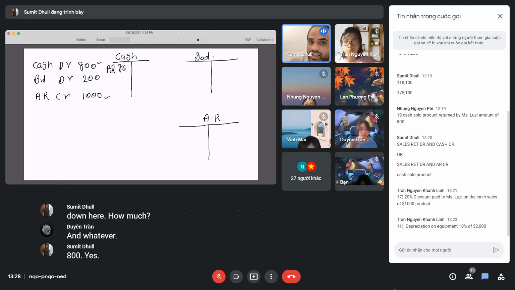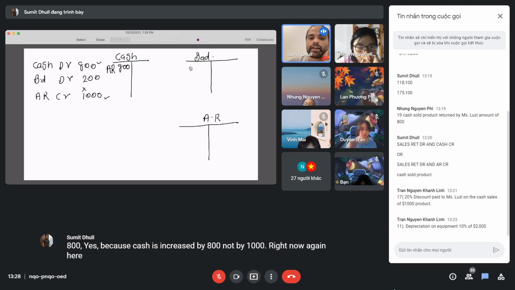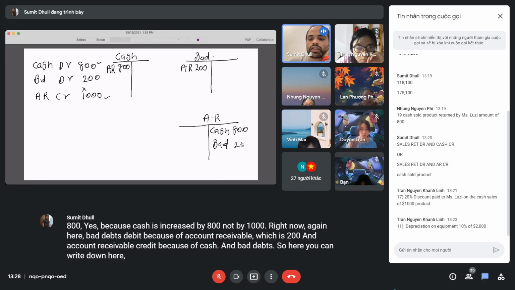Yes, because cash is increased by 800, not by 1,000. Again, bad debts debit because of account receivable, which is 200. And account receivable credit because of cash and bad debts. So here you write 800 and 200, because the total is 1,000 and here the total is also 1,000.